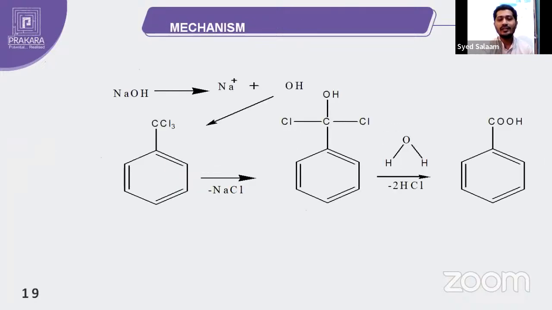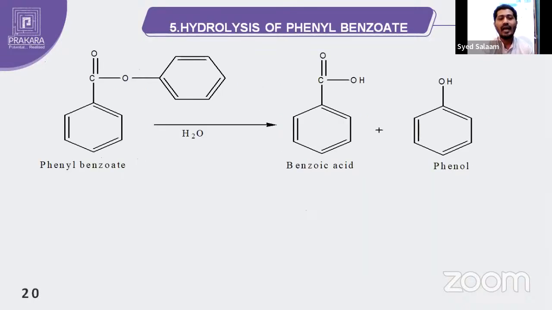So initially, after getting the trichlorotoluene, the hydroxyl ion from sodium hydroxide attaches onto it, giving hydroxy dichloro toluene, which in the presence of water removes the two hydrochloric acid moieties, forming the benzoic acid. Another example is hydrolysis of phenyl benzoate.